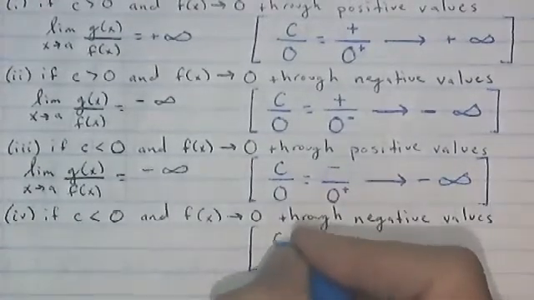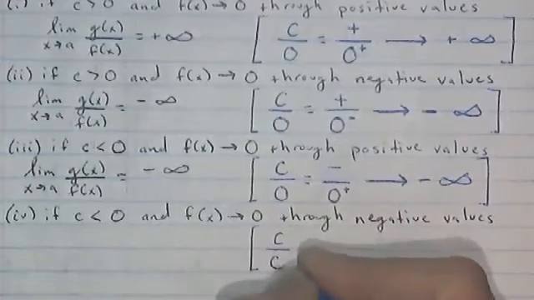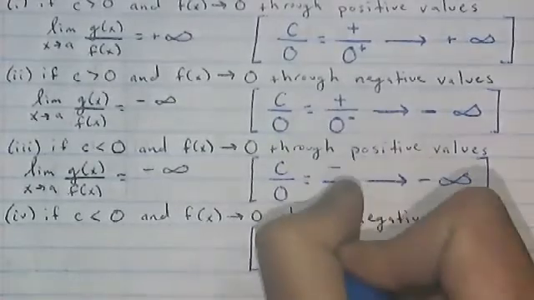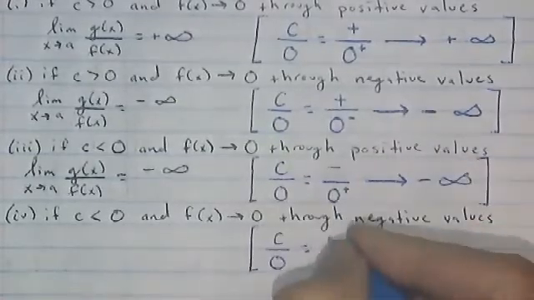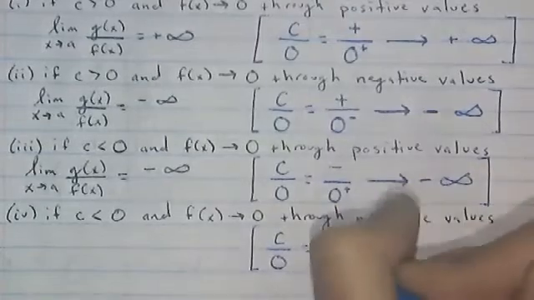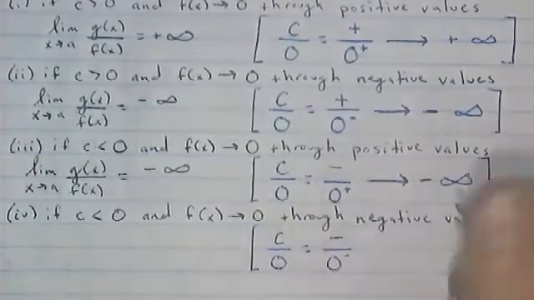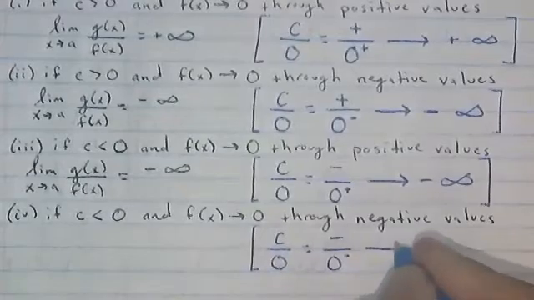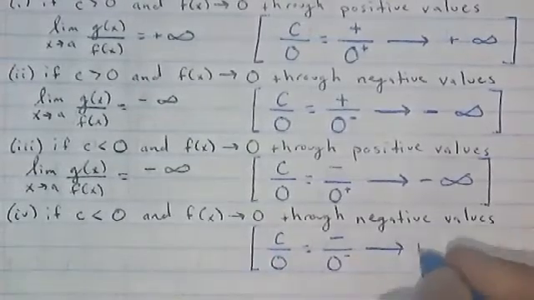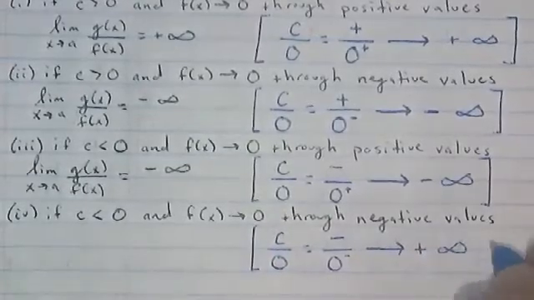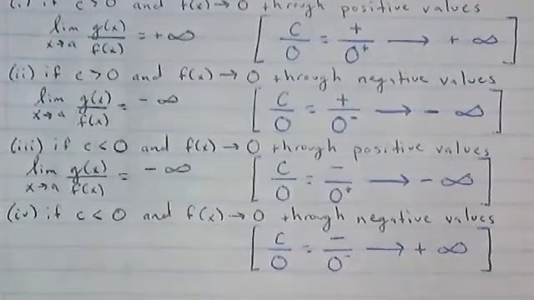Anyway, you get a constant over 0. In this case, our constant is negative. Our 0 is approaching 0 through negative values. We got a negative over a negative. I'm thinking that's going to send us to positive infinity. Yep.